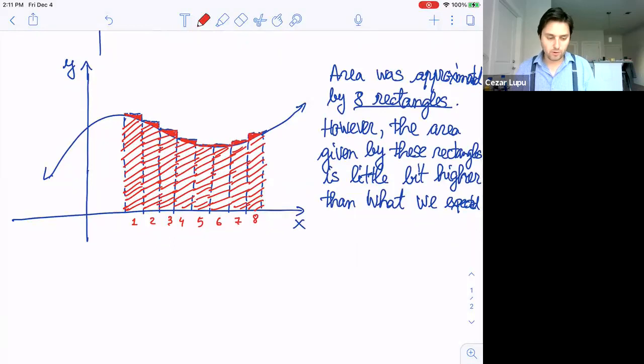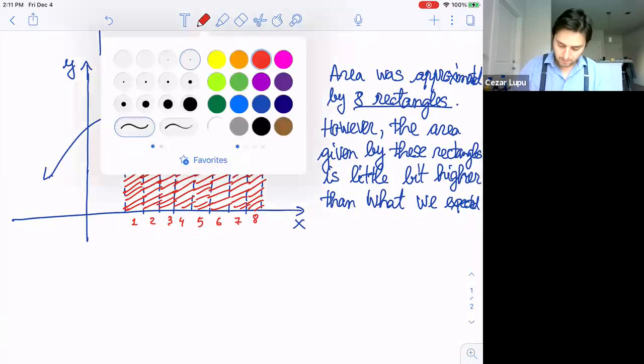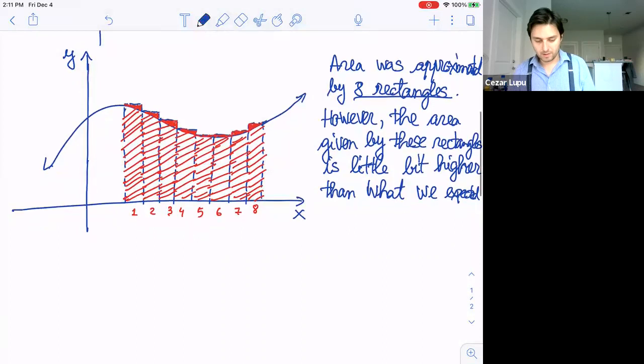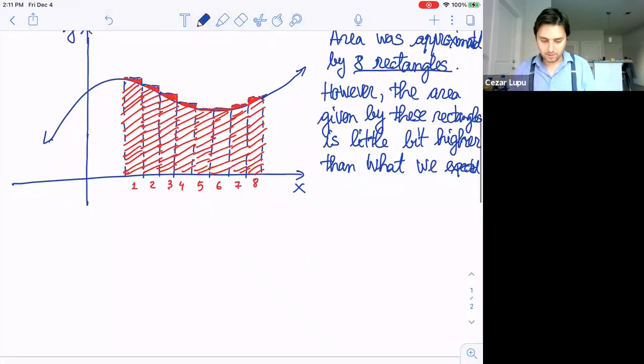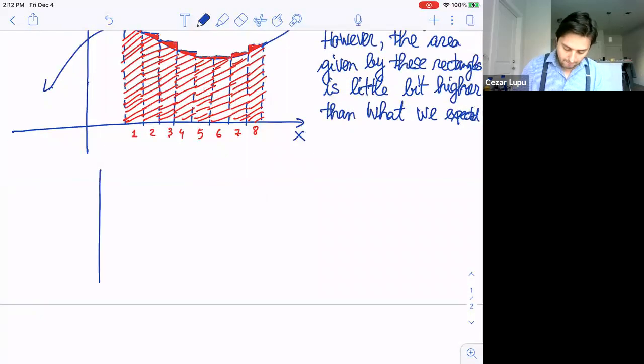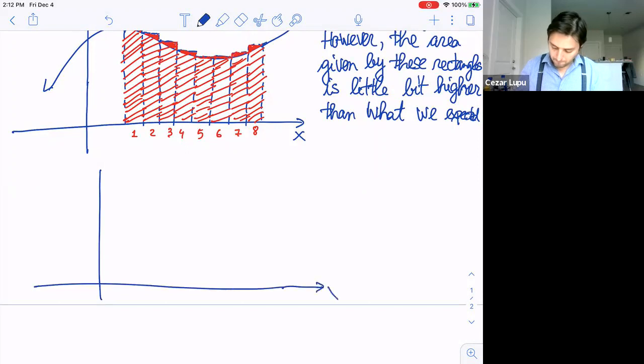Now we're going to draw another picture. We're going to increase the number of rectangles, and the area estimate is improved by taking more rectangles. Let me draw another picture. Again, suppose we have the graph like this.